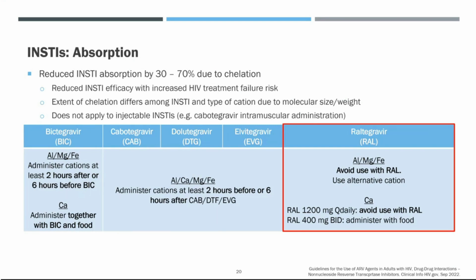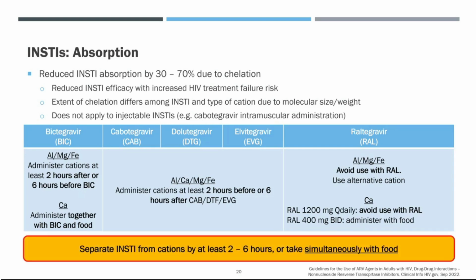For patients taking calcium, you can still administer it with raltegravir if the patient is taking 400 mg BID, but for patients taking high dose raltegravir, such as 1200 milligrams once daily, it is recommended to avoid calcium. The bottom line is to separate INSTIs by at least 2 to 6 hours, or have them taken simultaneously with food for calcium.